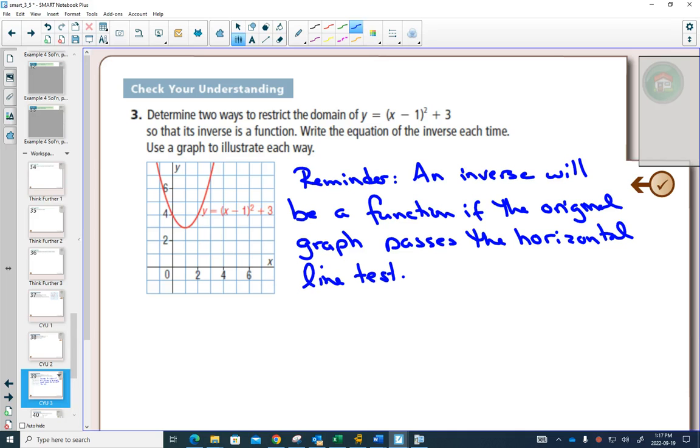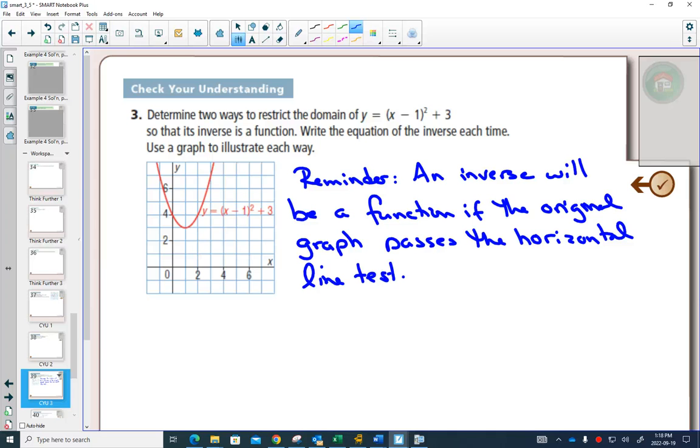So we're starting with a parabola. If you draw a horizontal line on the parabola, you hit 2 points. If you hit more than 1 point, that tells us that if we switch x and y, the inverse won't be a function.